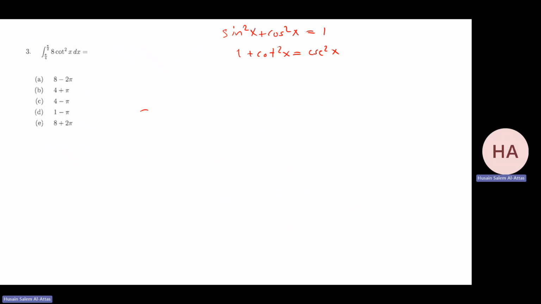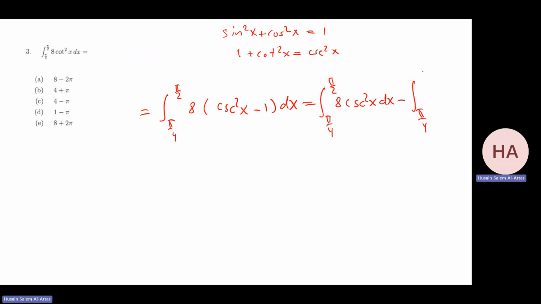So this one I can rewrite from pi over 4 to pi over 2, 8 cosecant square x minus 1 dx, which is what? Integral from pi over 4 to pi over 2, 8 cosecant square x dx.